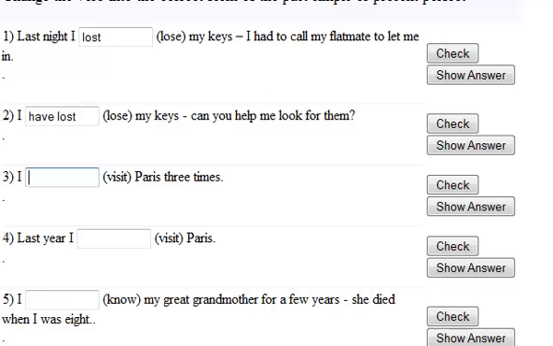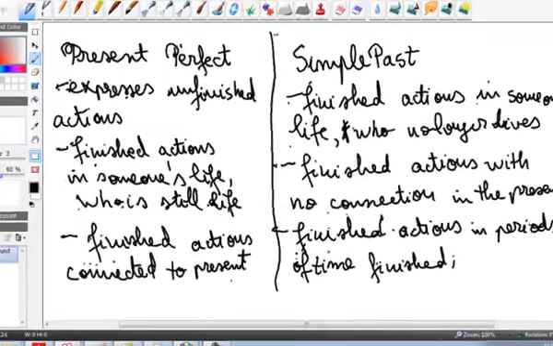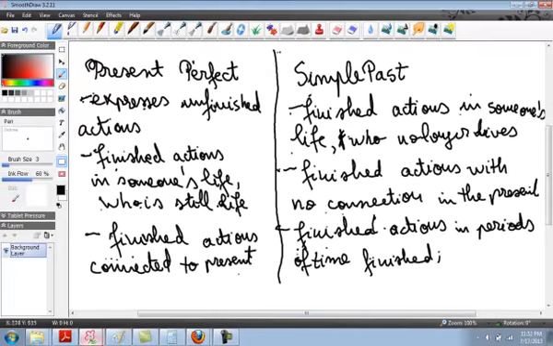I visited Paris 3 times, or I have visited Paris 3 times. What's the right choice? Well, this is an action which has a connection to the present because it's during my lifetime, and it fits with finished actions in someone's life who is still alive.